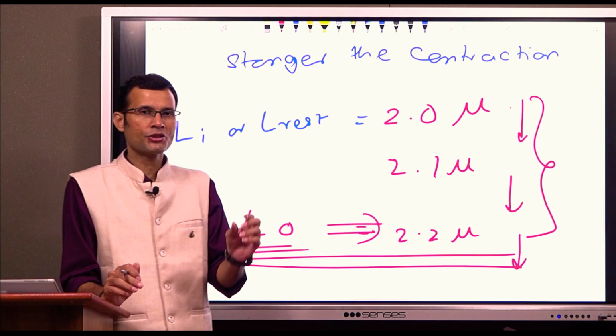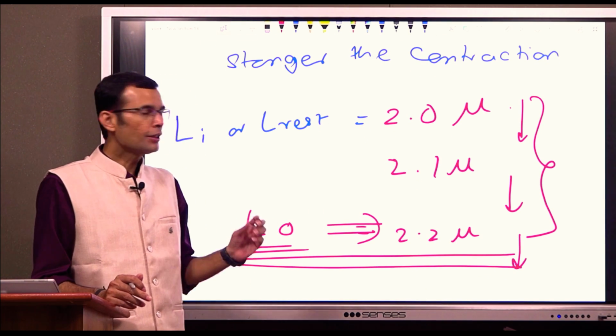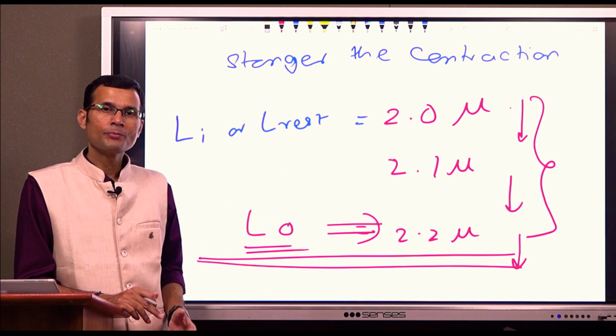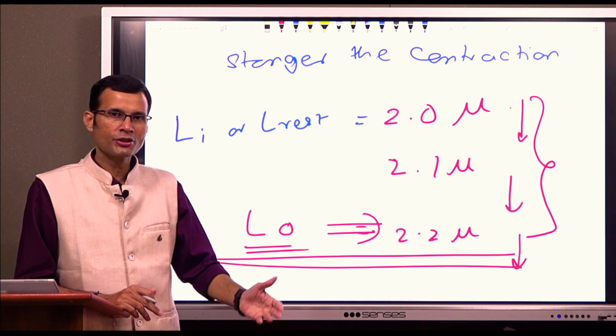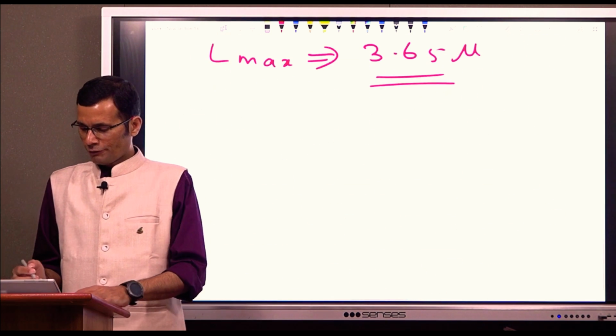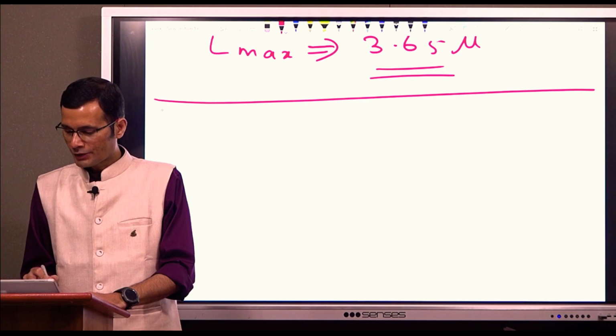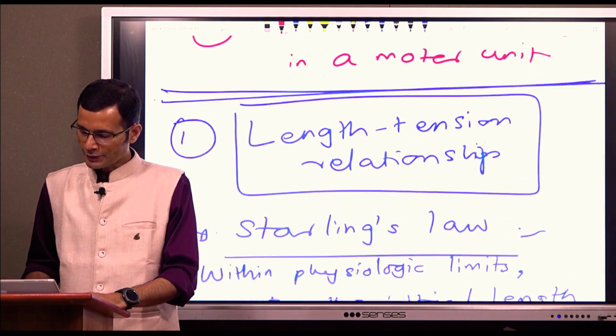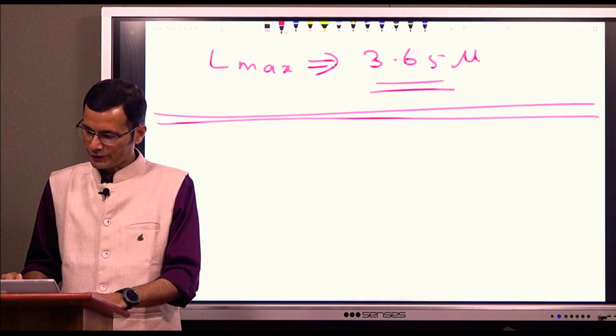Let the muscle stretch slightly to increase its resting length, increase the sarcomere length, and then produce the contraction. It will generate a stronger contraction. That was the first factor that influences muscle contraction. Let's move on and see the next factor.